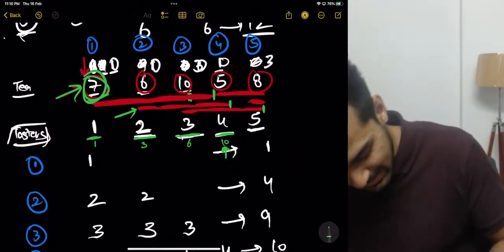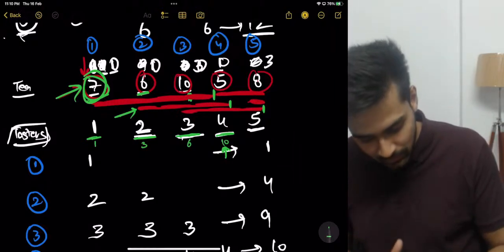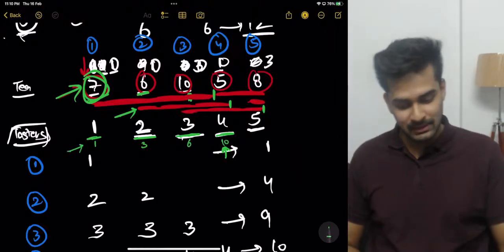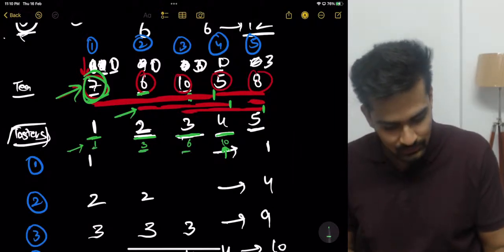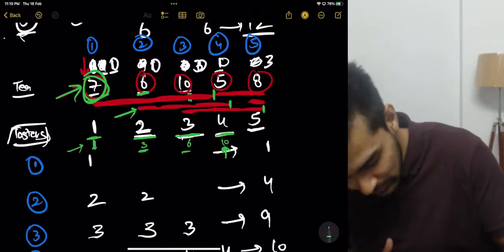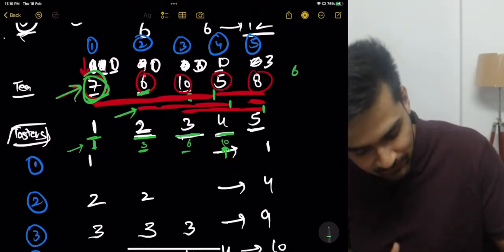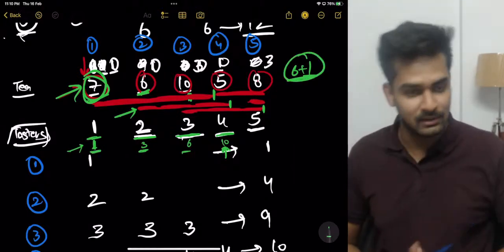Okay, for the second person, this 6, we know that we cannot really use this prefix array because it is prefixed from this one. So every index after this has this 1 in it. What we can do is add this 1 to this 6 only. So instead of checking for this 6, we add the previous value, which is this 1, and check for 7.